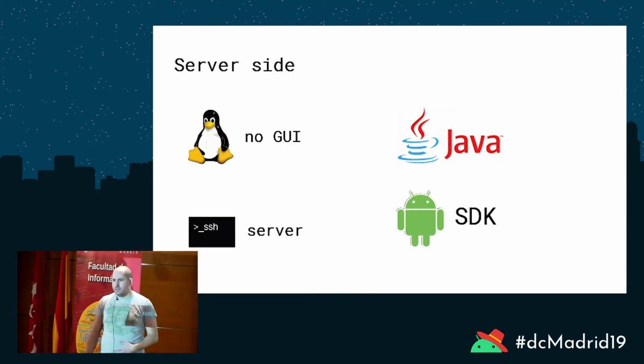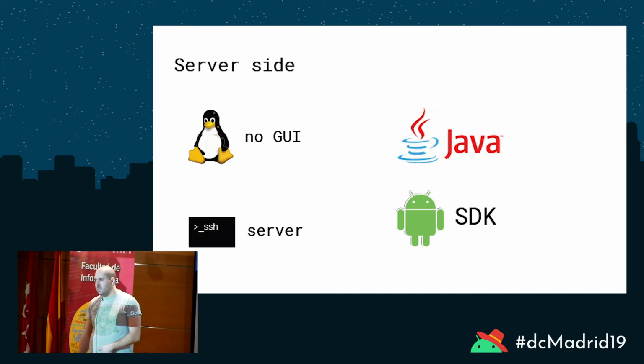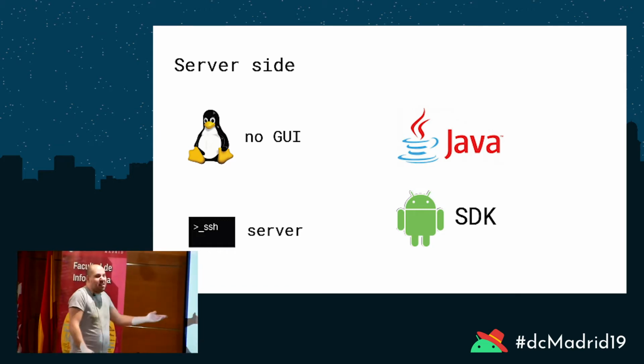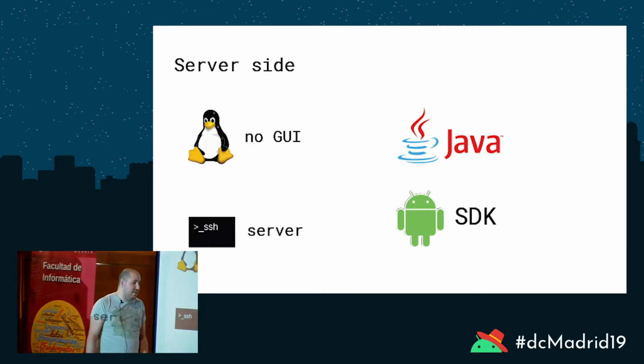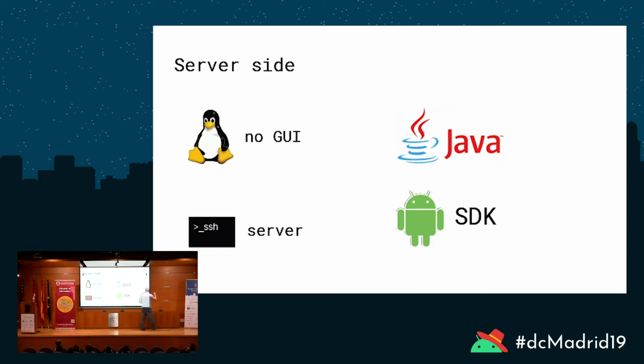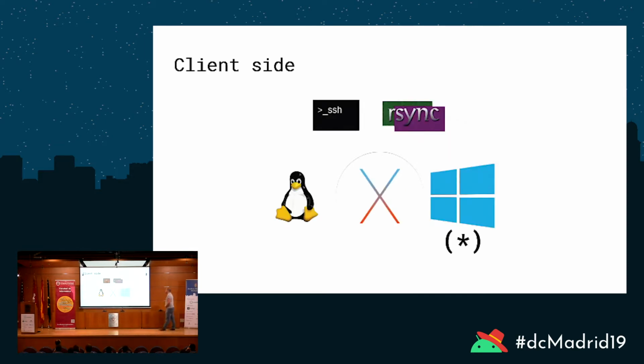Does anyone not know what SSH is? No, everyone knows. You need Java, obviously, the same thing that you will have on your local machine, and you need the Android SDK, obviously.